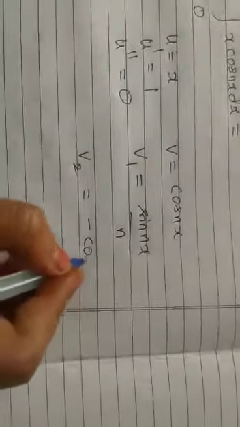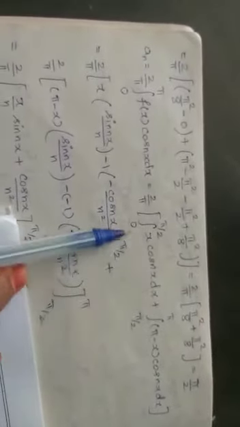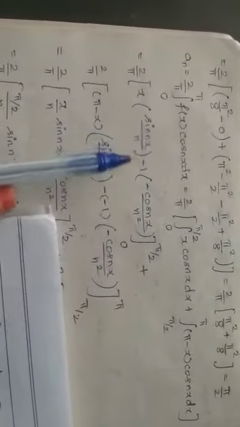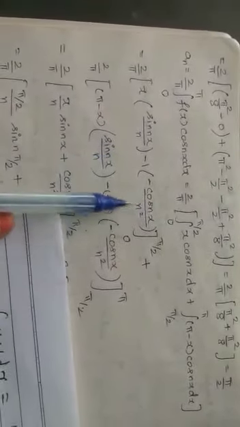Integration of sin nx is minus cos nx divided by n square. Now I have substituted these things here. So 2 by pi into x into sin nx by n minus 1 into minus cos nx by n square.